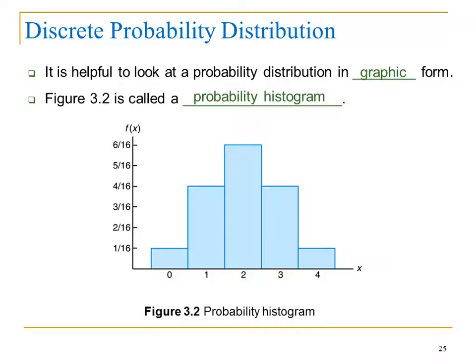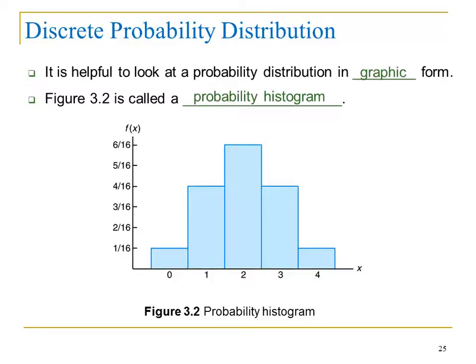So basically for each outcome you're drawing a bar for the probability. So for x equals 0, the probability is 1/16. For x equals 1, the probability is 4/16, and so on. So for each outcome you have a bar. Now, if you want to find the probability of x equals 2, then you go to the bar and you say it's 6/16, right?